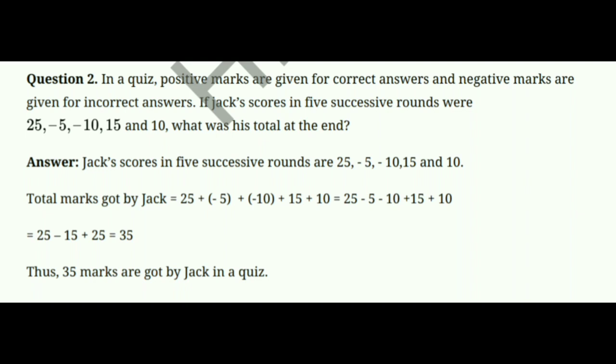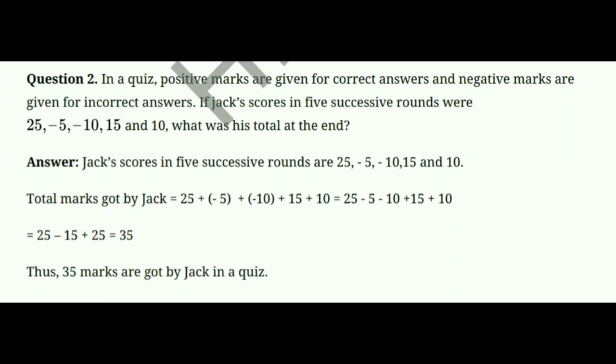So now children, let us add and subtract and find out what is his last score. All the correct answers are given by positive numbers, and all the wrong answers are given by negative numbers, or you can say marks.